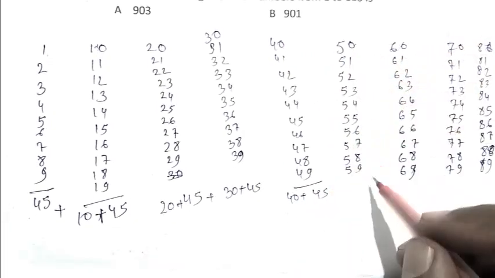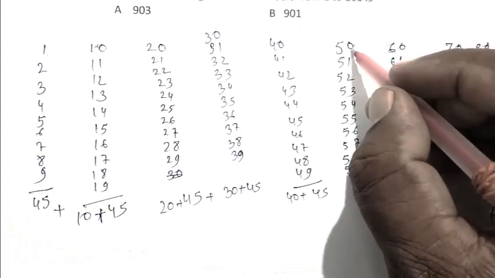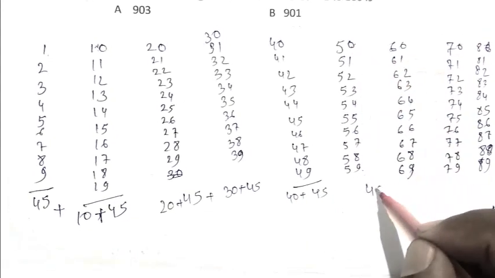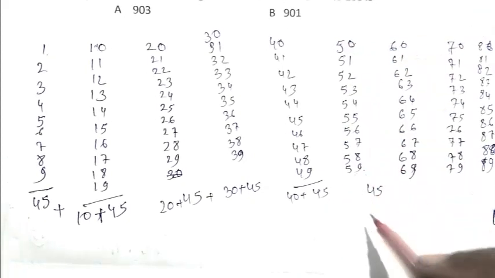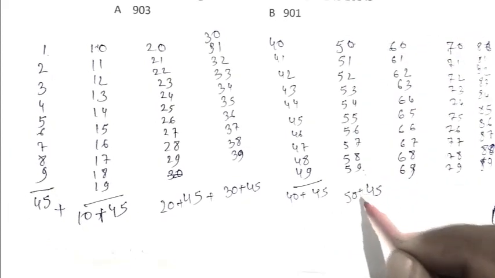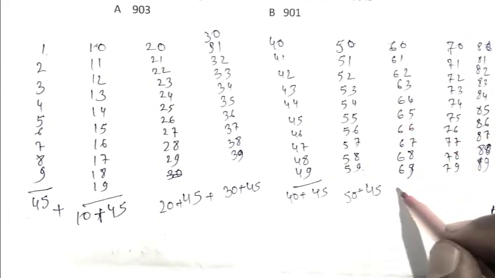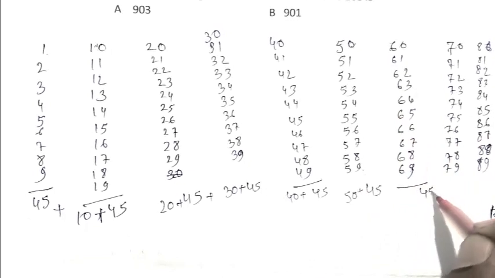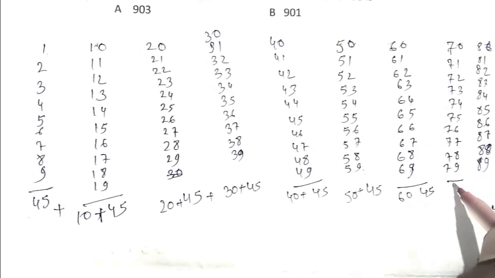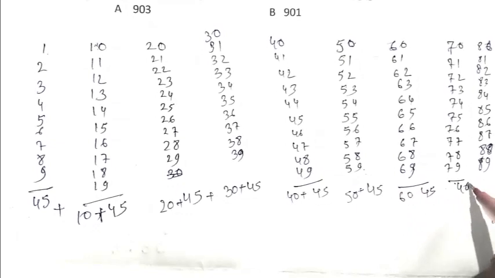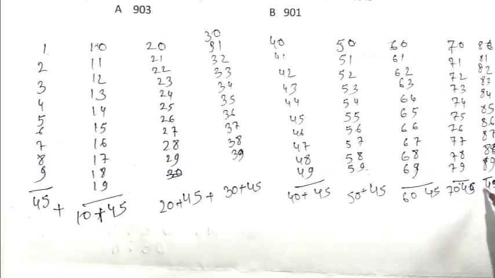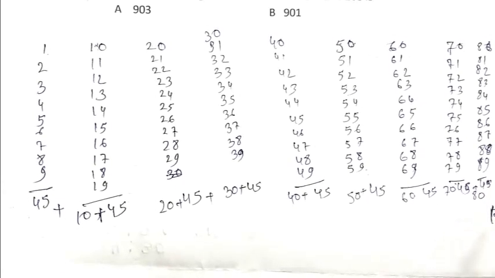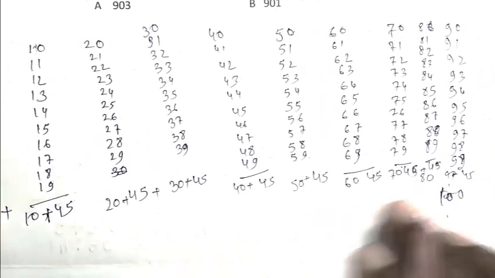Again, the unit place digits from 50 to 59 give 45, and the tens place digits give 50. Similarly 60 with 45, 70 with 45, 80 with 45, 90 with 45.